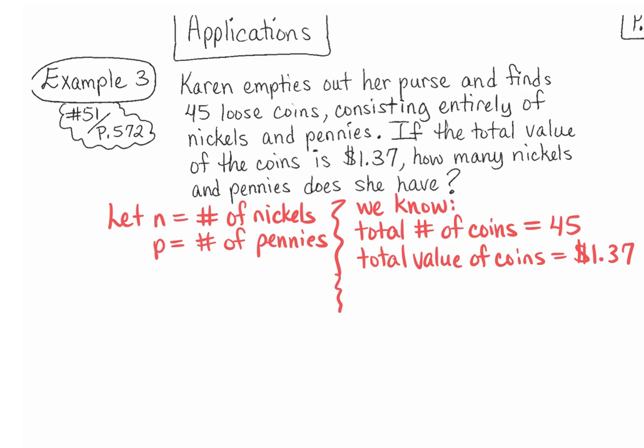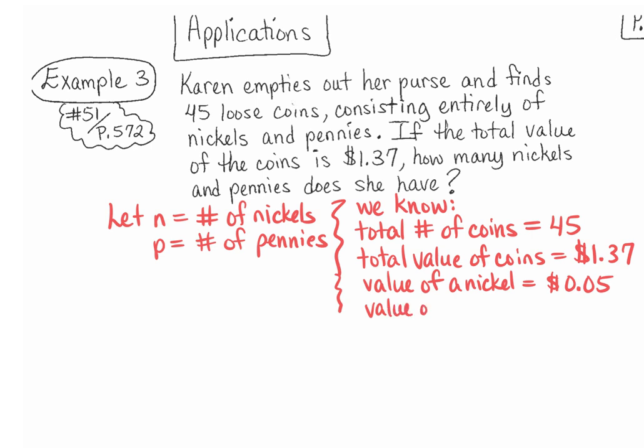What else do we know? Nickels and pennies. What's a nickel? 5 cents. We smart. We got this. The value of a nickel is equal to 5 cents, 0.05. What else do we know?